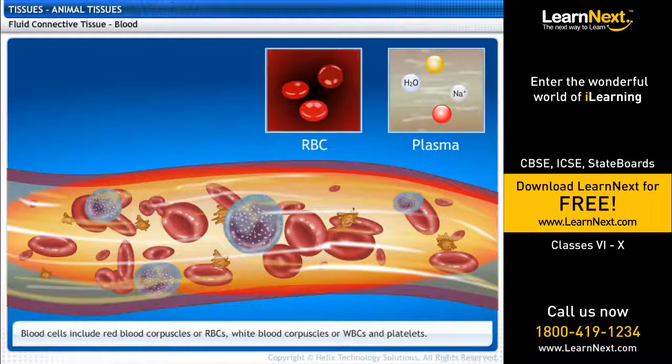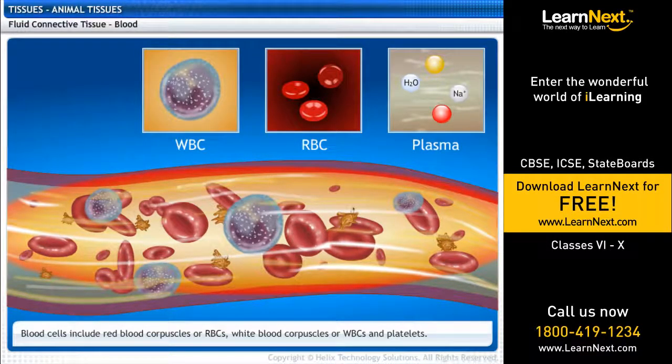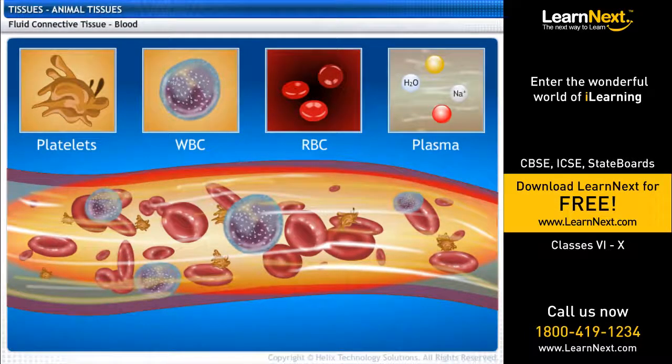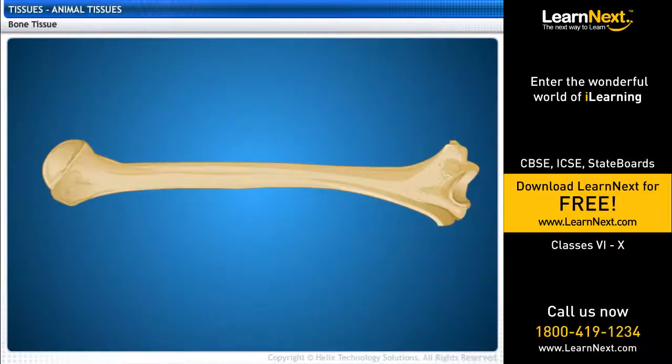Blood cells suspended in the plasma include red blood corpuscles or RBCs, white blood corpuscles or WBCs, and platelets. Blood flows within blood vessels and transports gases, digested food, and hormones to different parts of the body.